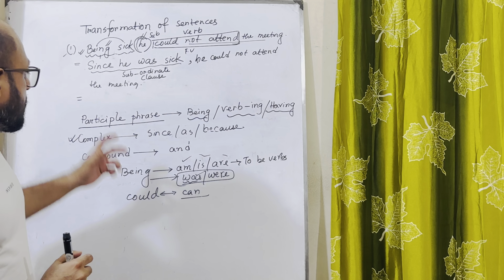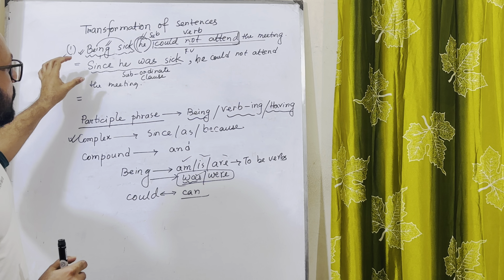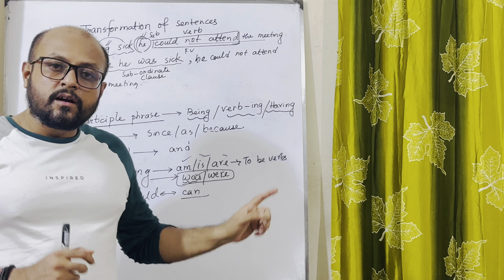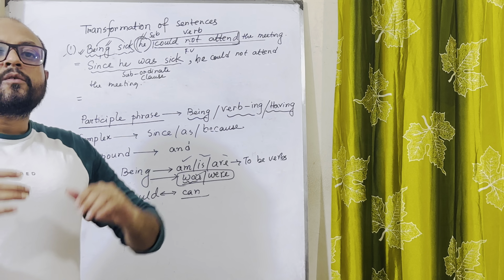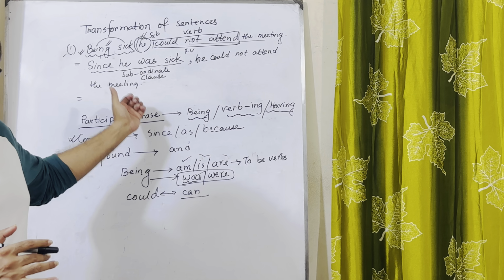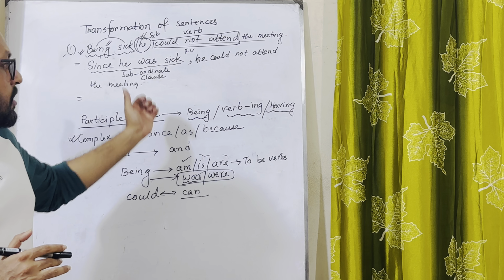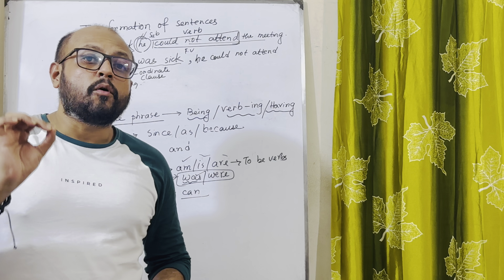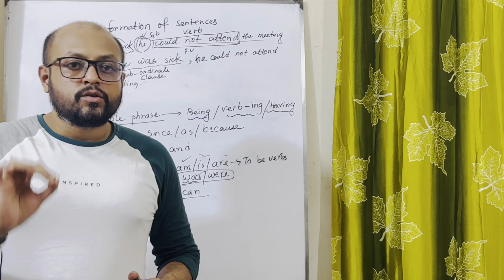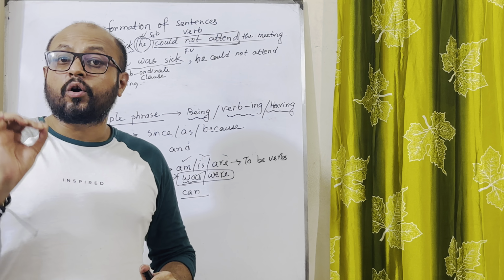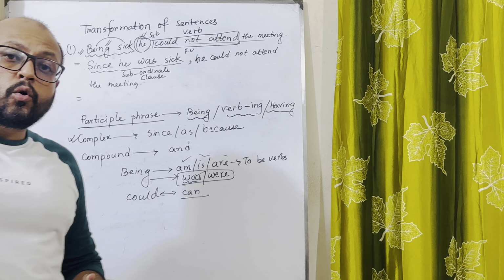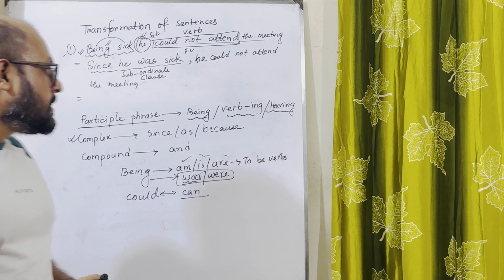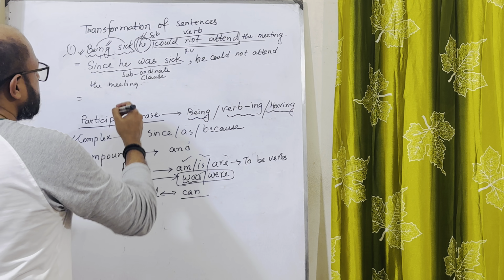For the complex sentence we used since as our clause marker, but for a compound sentence we cannot use conjunctions like since, as or because, because they belong to the subordinating conjunction group. So we need to select something from the coordinating conjunction group, which includes and, but, or, nor, yet. Here the trick is very simple.